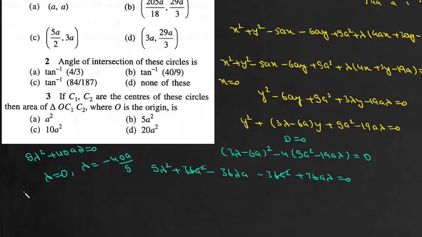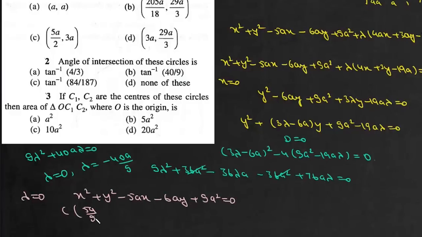Now if we put lambda as 0, then one of the equations is x square plus y square minus 5ax minus 6ay plus 9a square equals 0, in which case the center is at 5a by 2 comma 3a, which is your option C.